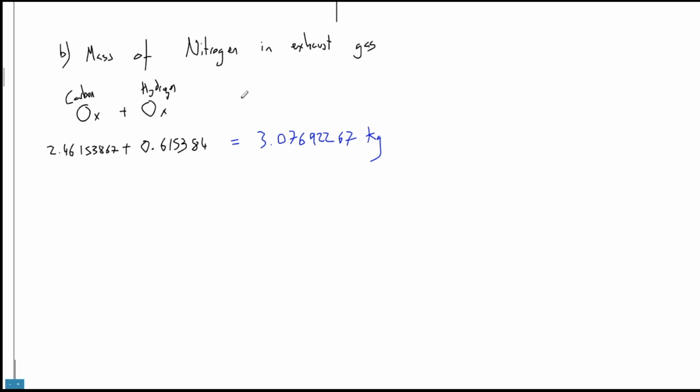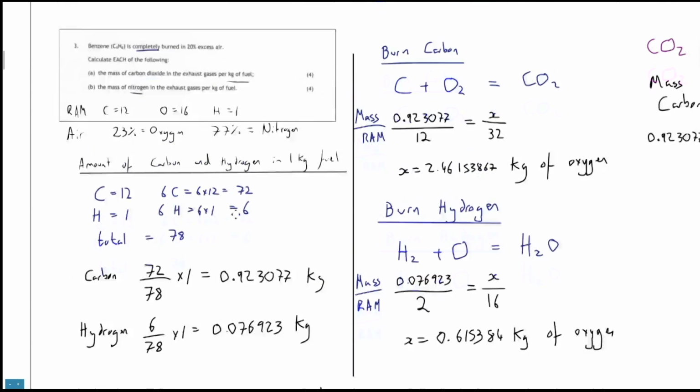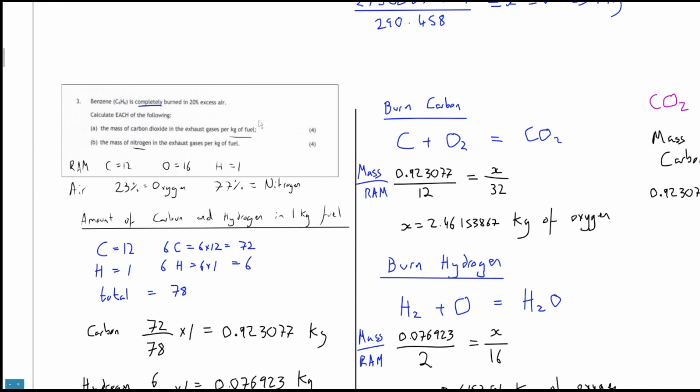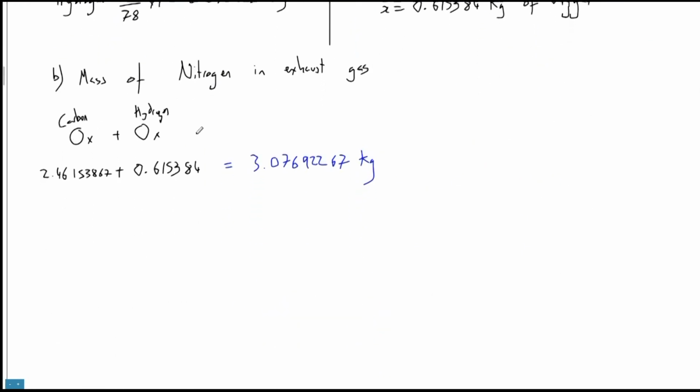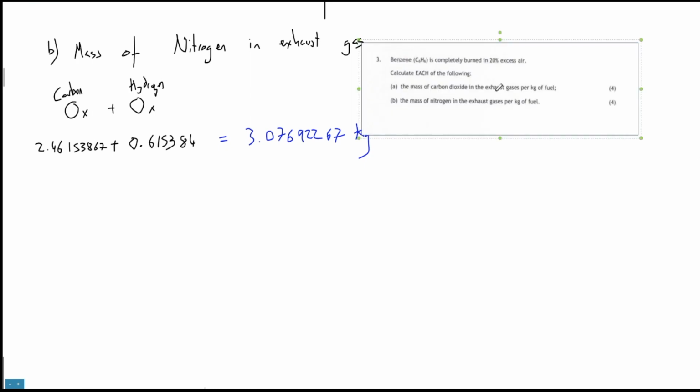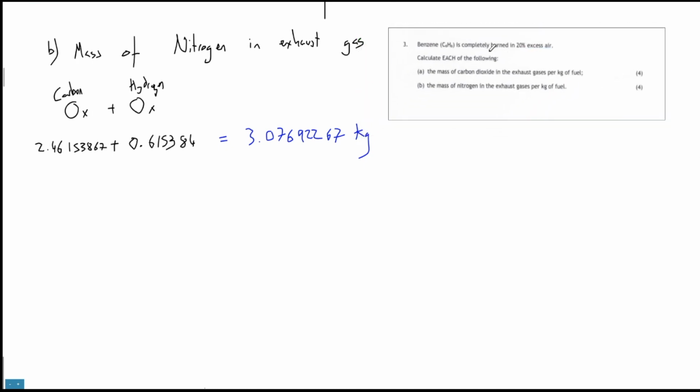Now we're going to add 20% onto that, because in the question, it says we're going to burn it in 20% excess of air. Oh, actually, my bad. Let's calculate how much air is required to get that amount of oxygen. How much air do we need to suck in to get 3.07 kilograms of oxygen?